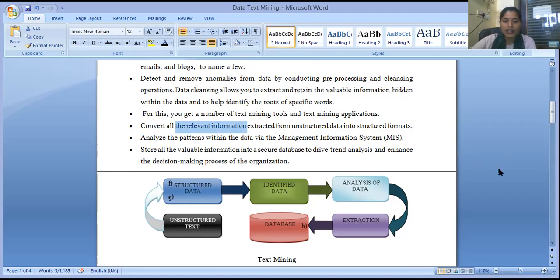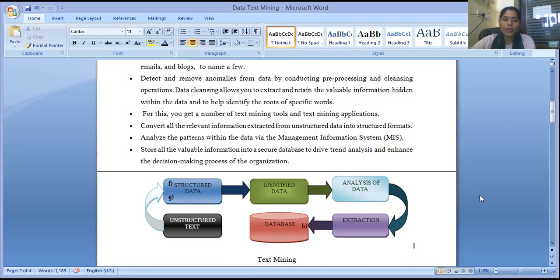And now, analyzing the patterns within the data via a management information system. Now what you are doing is analyzing the patterns: which patterns you will provide to that structured format of data, in which forms you will organize it. What will be the basic suitable format for storing that data?